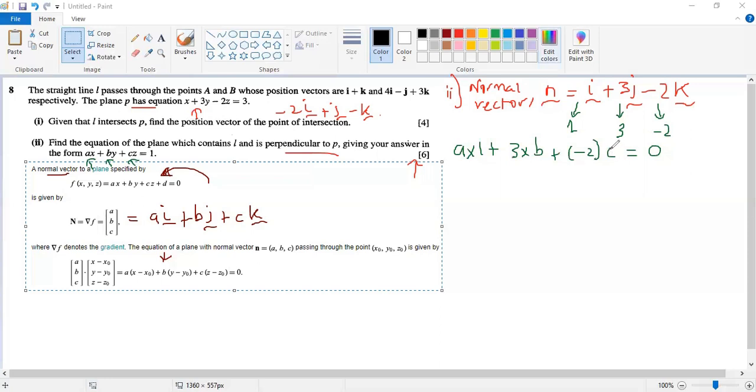That is how you must satisfy that the normal vector is at 90 degrees to the plane.